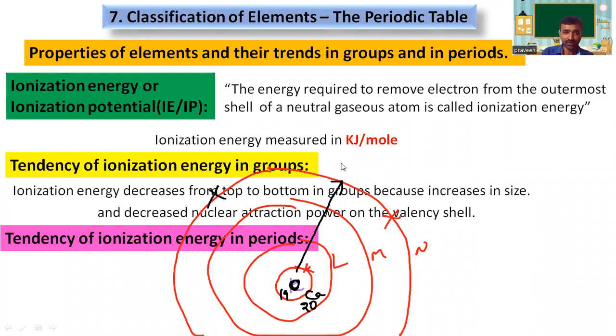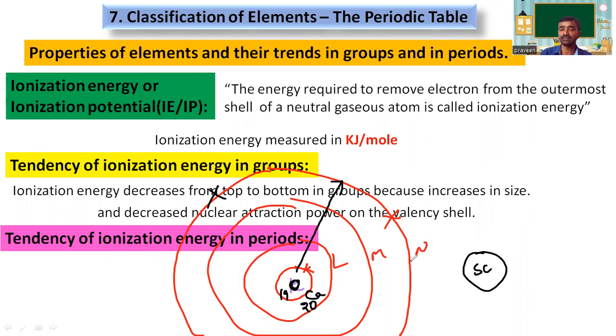So now we have understood the difference in atomic sizes when we move from left to right. Suppose I go to the next element, the 21st element, scandium. Where will the electron enter? The 21st electron enters into the M shell or the N shell?